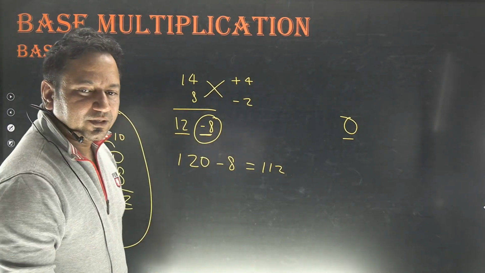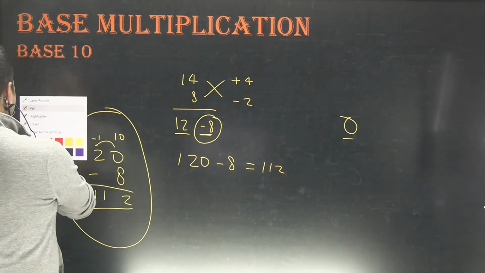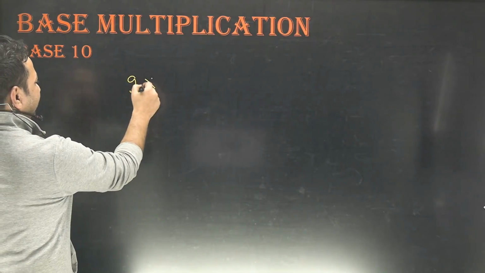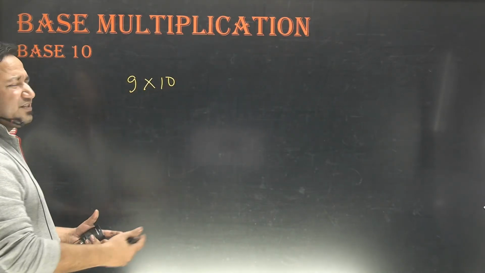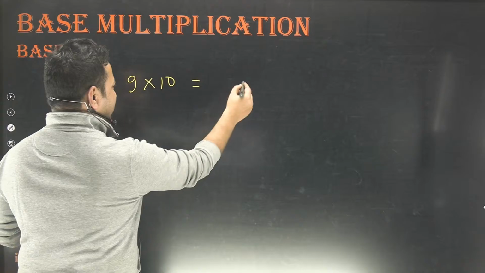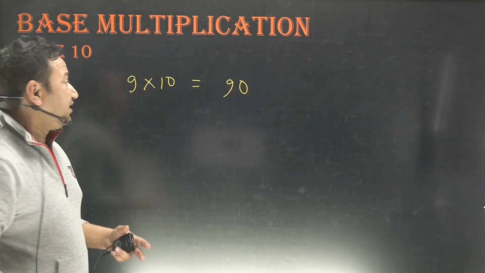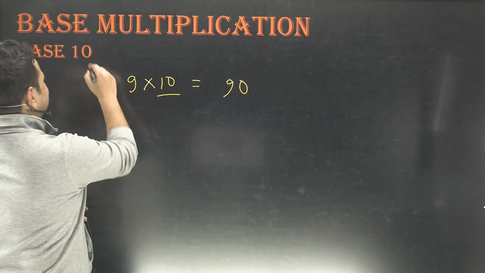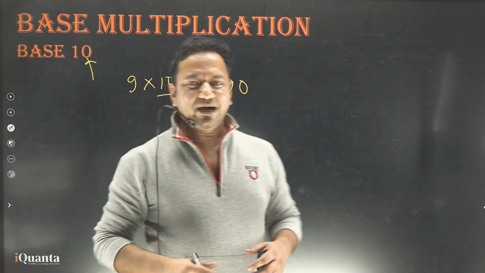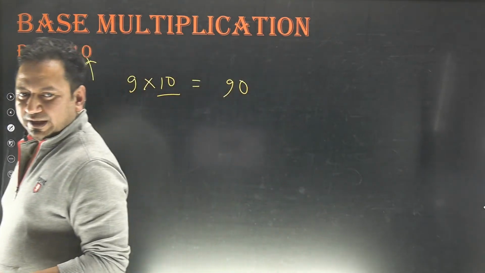Alright. Now, some people are asking, what if we need to multiply by 10, 9 into 10? 10 is the base. Now, this is something which everybody knows, man. Just put a 0 and put the number. Because of this, only this is happening. No. Multiplying by 10 would not be having anything over here.